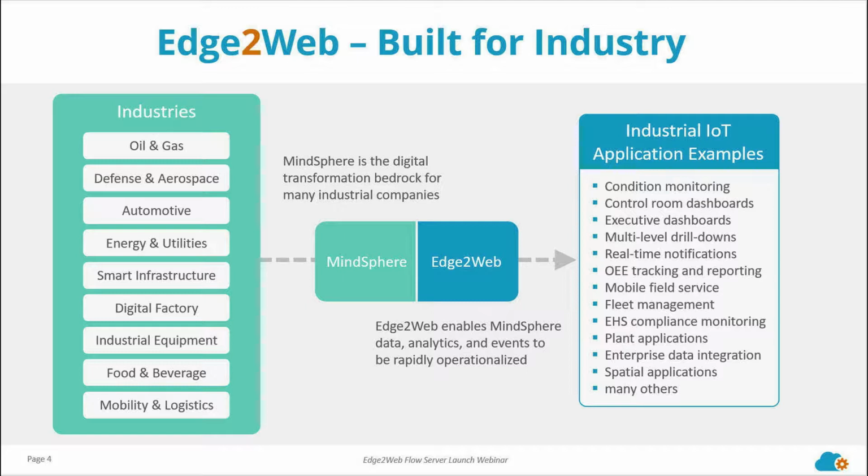But basically the model here is that with the help of the Siemens organization, you offload data from your OT infrastructure into MindSphere, which is a wonderful and extremely robust platform, back-end server-side applications that do heavy lifting. You use Edge2Web tools to build those applications and deliver them to your users or to your organization.